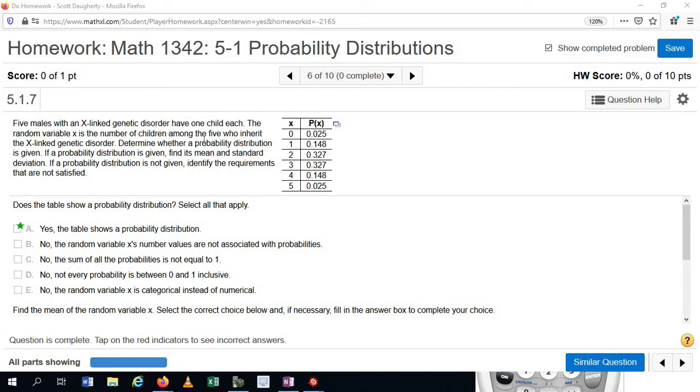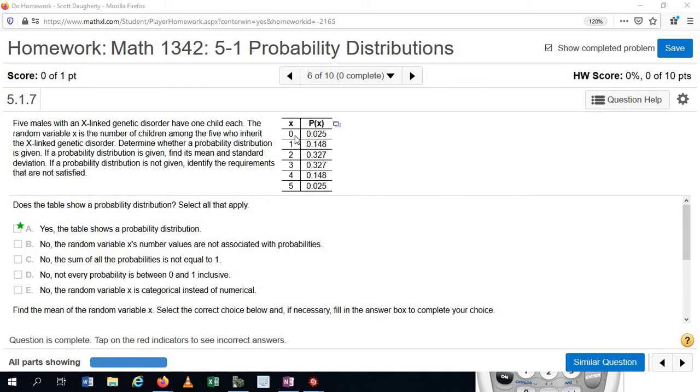And there are 5 children that are possible. So it has to be one of these numbers, 0, 1, 2, 3, 4, 5. And then this table lists the associated probability for each of these possible outcomes for the random variable.